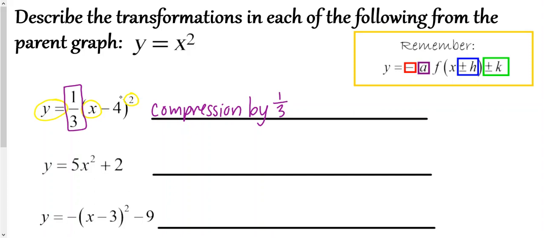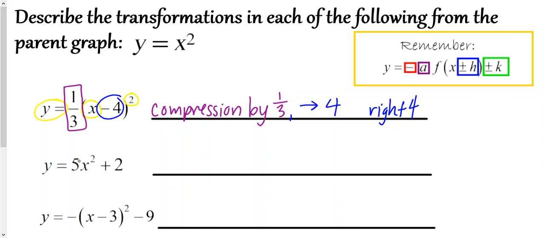We also have a number inside the parentheses, so we have that minus 4. So since it's a minus 4, that went to the right 4. Or if you want to write it out, you would say right 4. Either one is fine. But those are the 2 transformations from my parent graph.